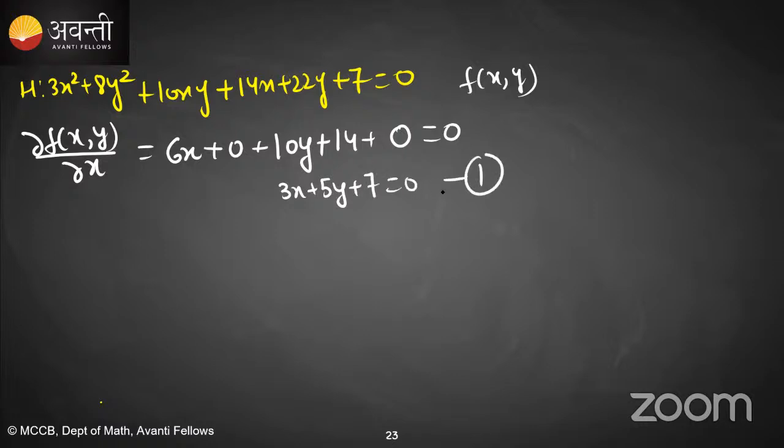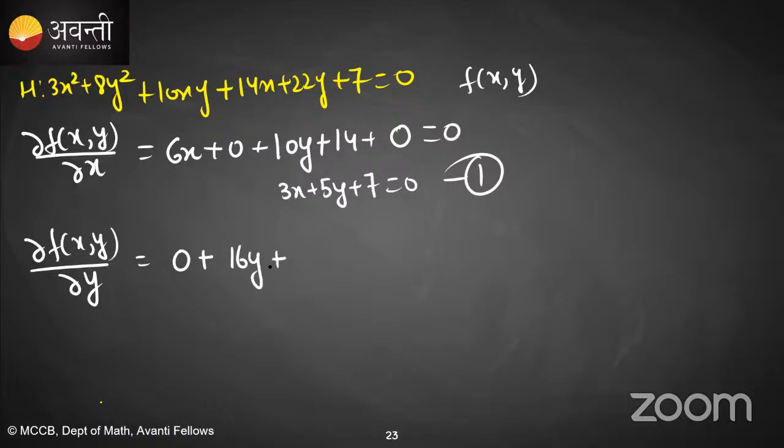This is equation 1. Similarly, differentiate this function with respect to y, keeping x constant. 3x square is a constant, so its differentiation is 0. The differentiation of 8y square with respect to y is 16y, plus the differentiation of 10xy where x is constant, 10x into y, so plus 10x.